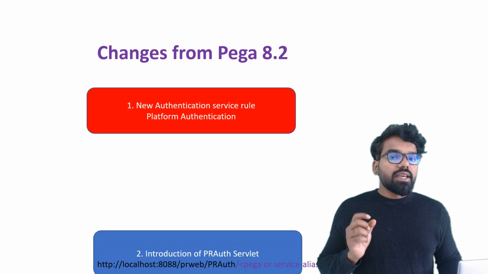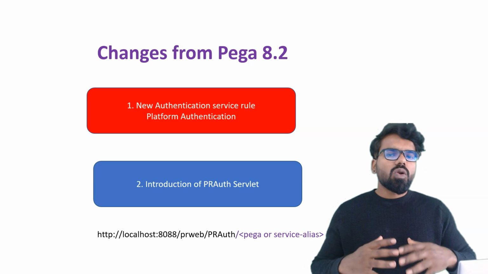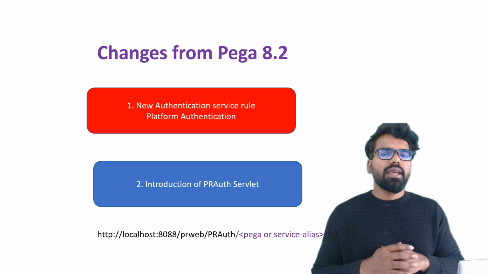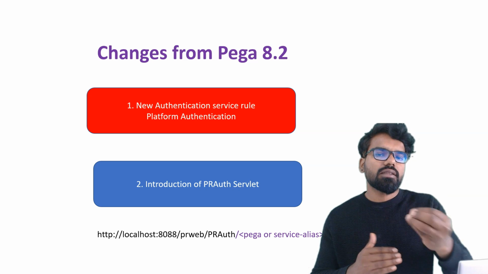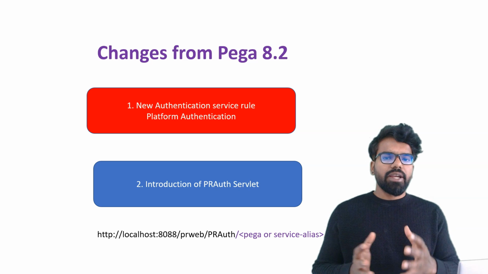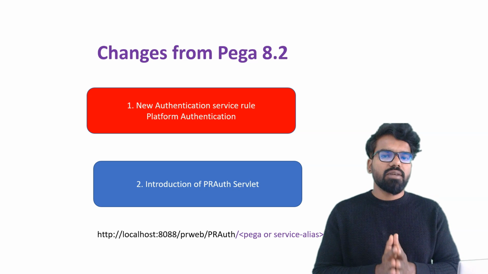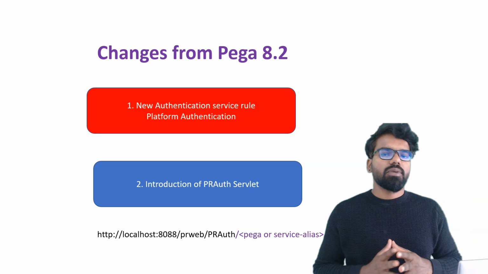The next big change is the introduction of a new servlet, the PR auth servlet. The role of PR auth servlet is to provide a base authentication layer where different authentication services can extend this PR auth. What I mean here is, before 8.1, whenever you wanted to use some kind of custom authentication service, like SAML authentication service, then definitely you had to do all those changes into the web.xml file.